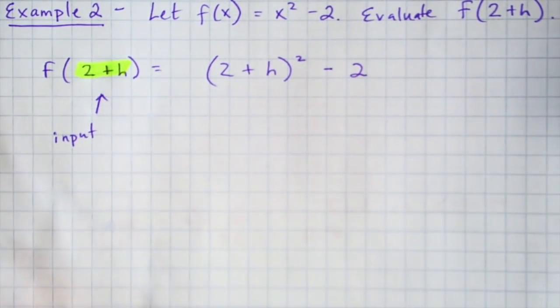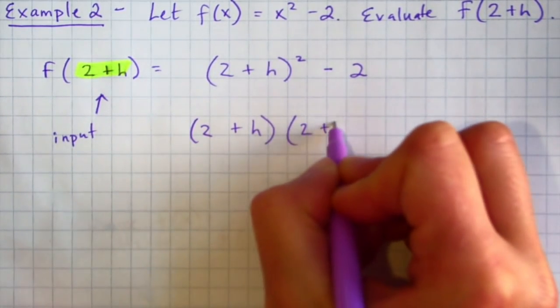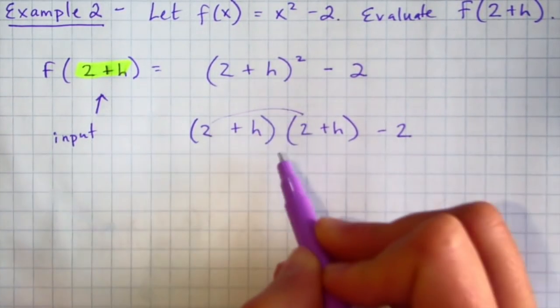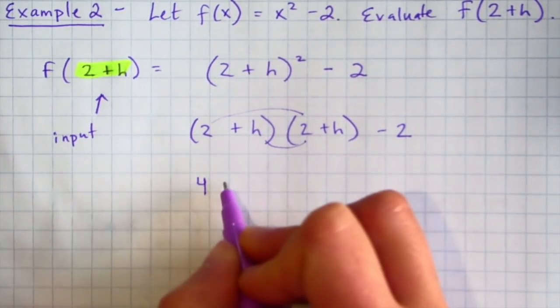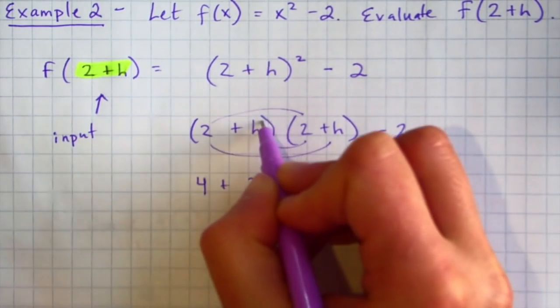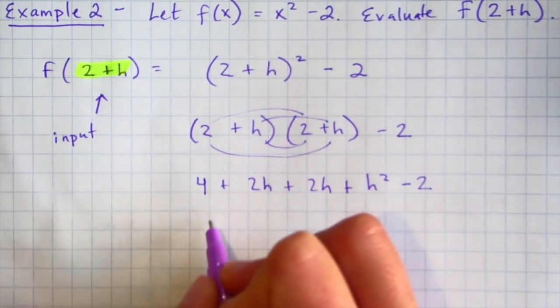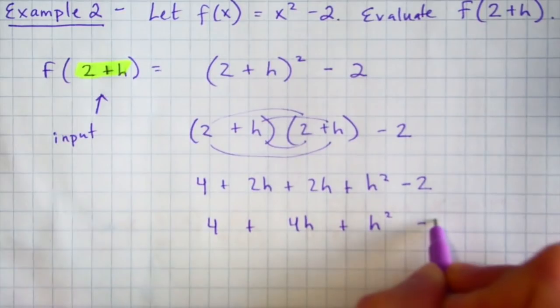I'm going to go ahead and expand 2 plus h, 2 plus h, minus 2. I'm going to distribute: 2 times 2 is 4, plus 2h, plus 2h, plus h squared, minus 2. 4 plus 4h plus h squared minus 2.